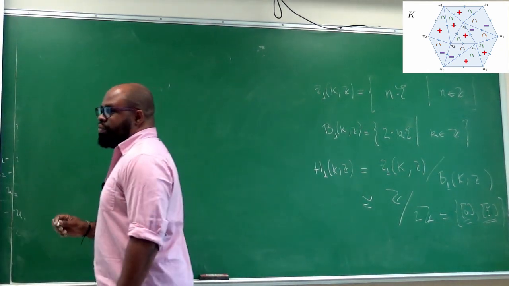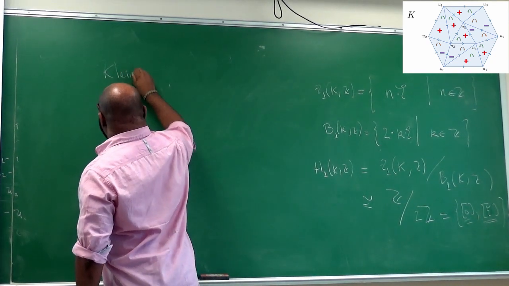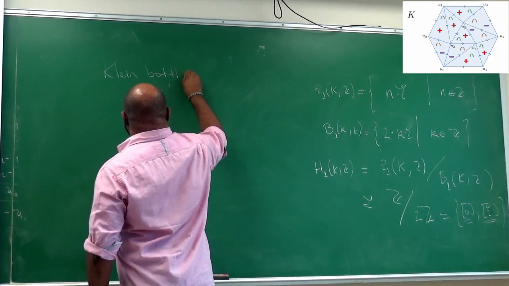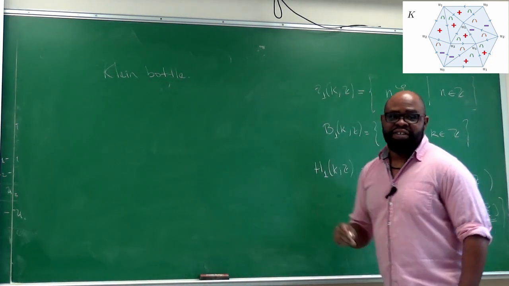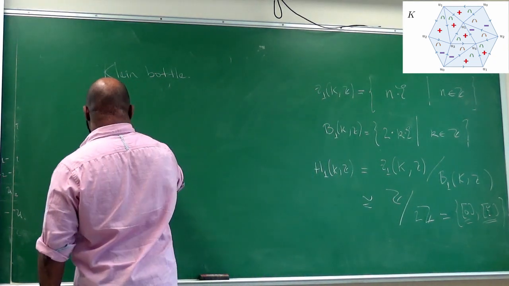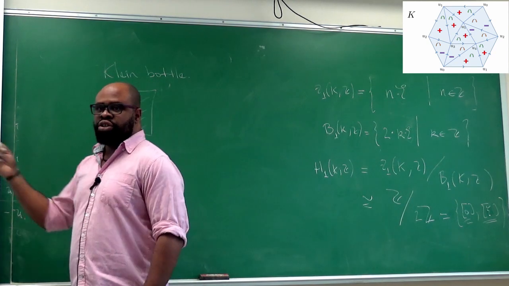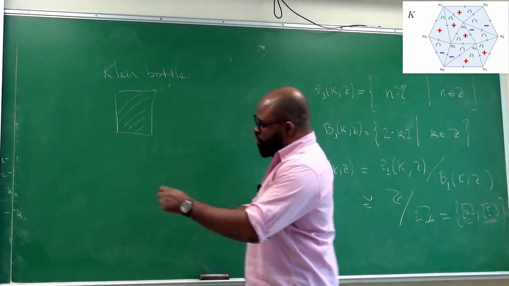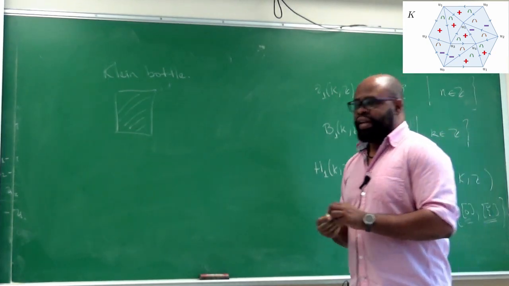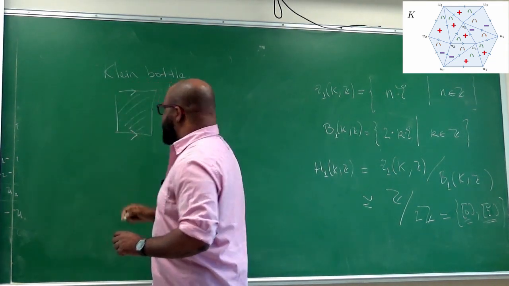So the Klein bottle is made of two Mobius strips. So the Klein bottle is something that looks like this. You start with a square. It's similar in the construction to RP2, that you start with something simple and then you paste it together in weird ways. You paste together the top and the bottom.